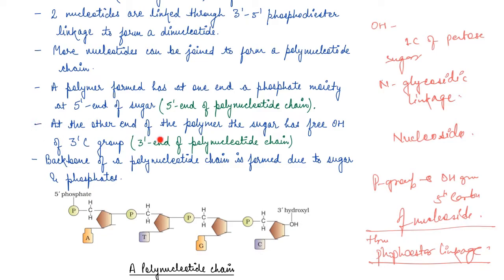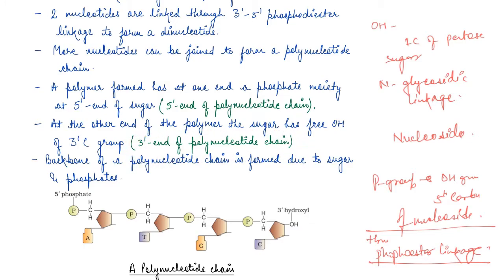Now the other end of that polymer has sugar, right? Now this sugar has a free OH and this is present at third carbon, and that is why it is known as the 3' end of polynucleotide chain, right?